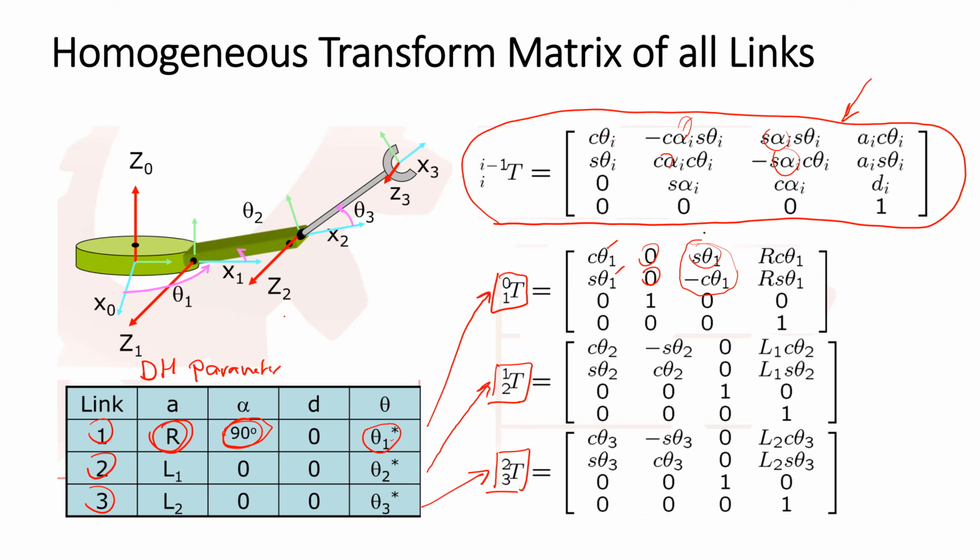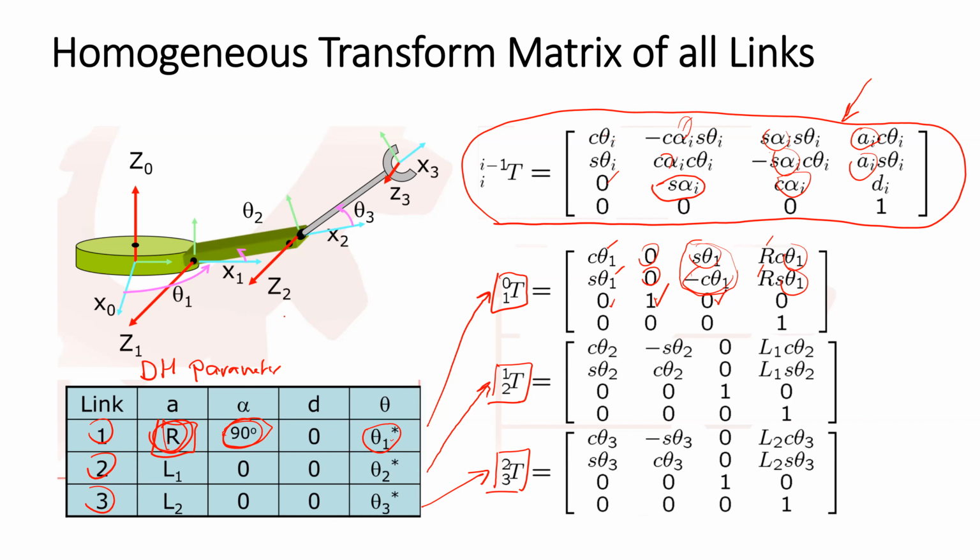So we have only sine theta and minus cosine theta 1 here. The link length of the first link is equal to R. The cosine theta 1, sine theta 1 is here, and 0, sine of 90 degrees is 1, cosine of 90 degrees is 0.